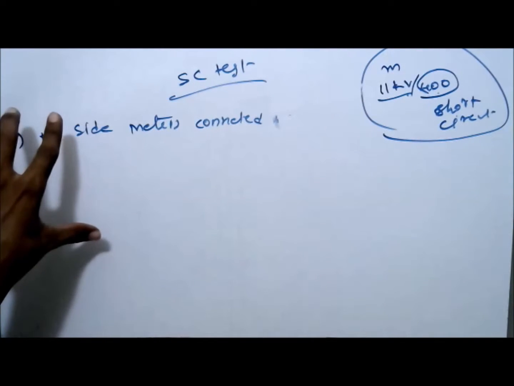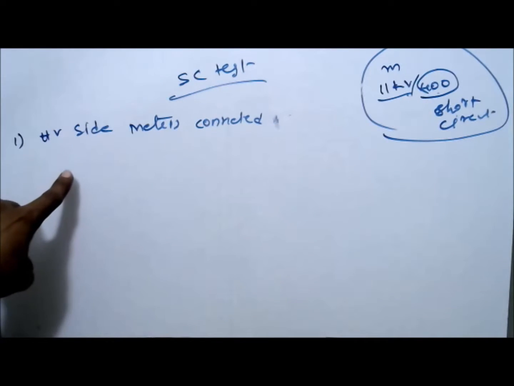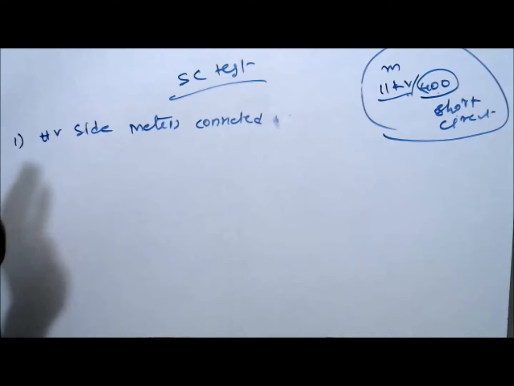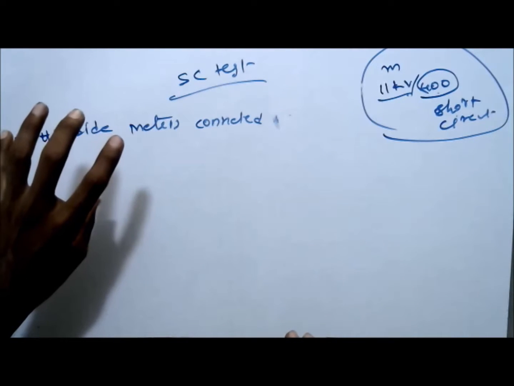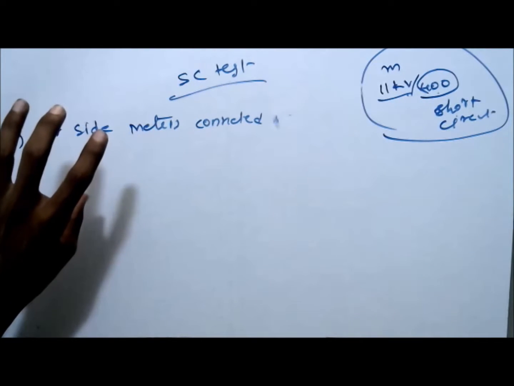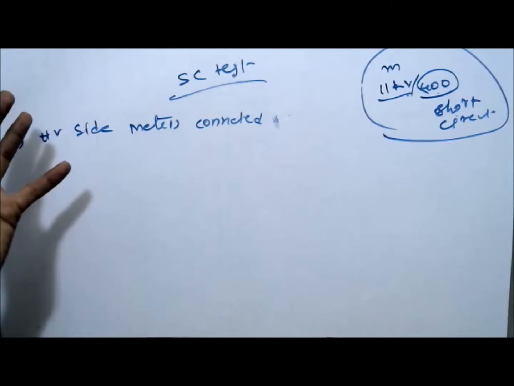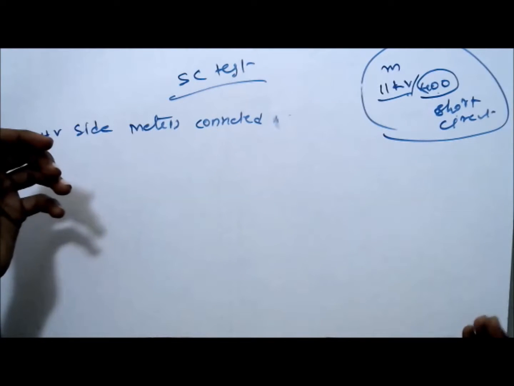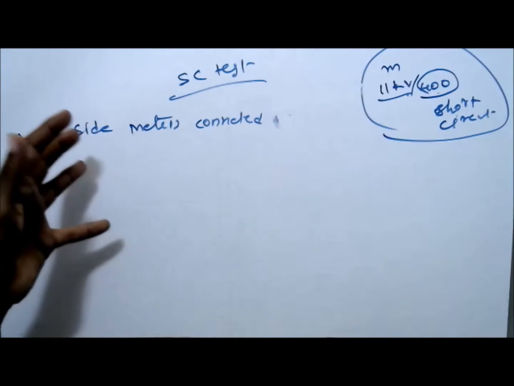Because at the HV side the voltage applied is low, not the rated voltage of 11 kV, and the current is also minimum, because at the low voltage side high current will be obtained. So at the HV side low current will be obtained, so a high power factor meter will be used. This is the concept of the SC test.